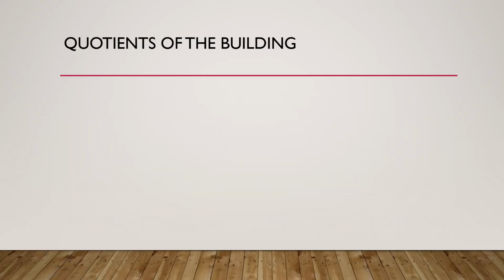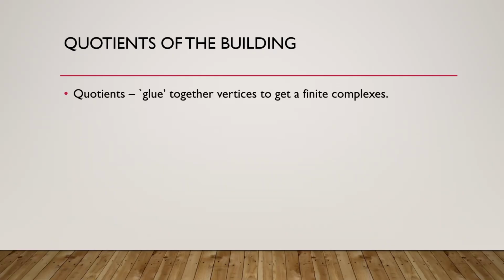The standard way that you take some infinite object and create finite objects from it is called quotienting. Very informally, to take a quotient of this infinite object is basically just to glue a lot of vertices together so that it folds on itself and you get a finite object. I want to describe this slightly more formally, but this maybe requires some more background in group theory.